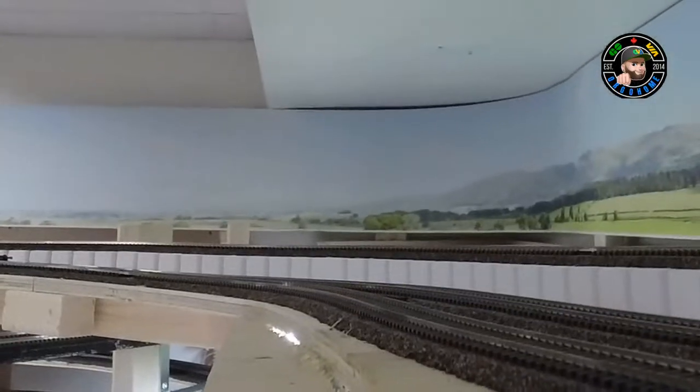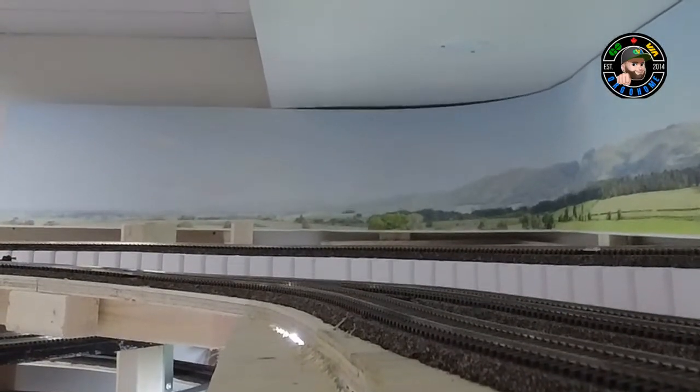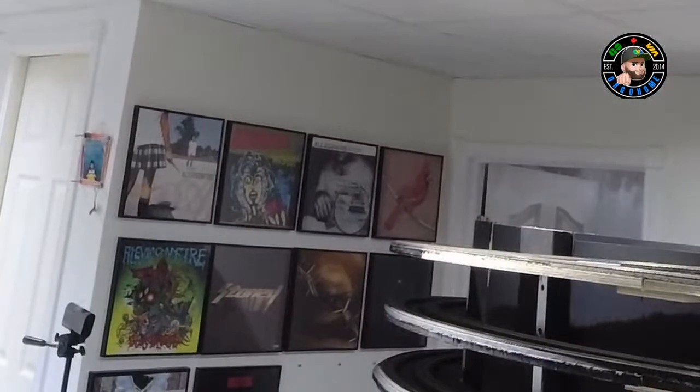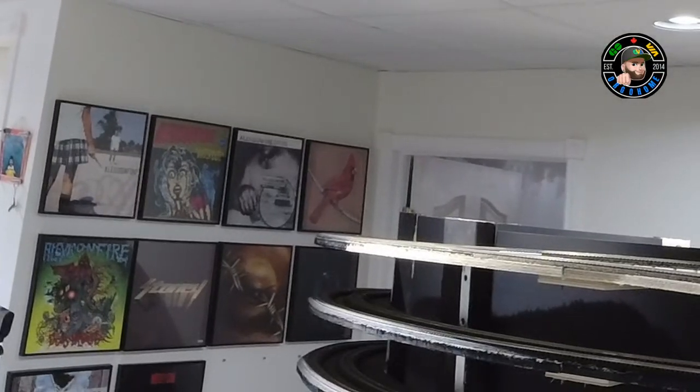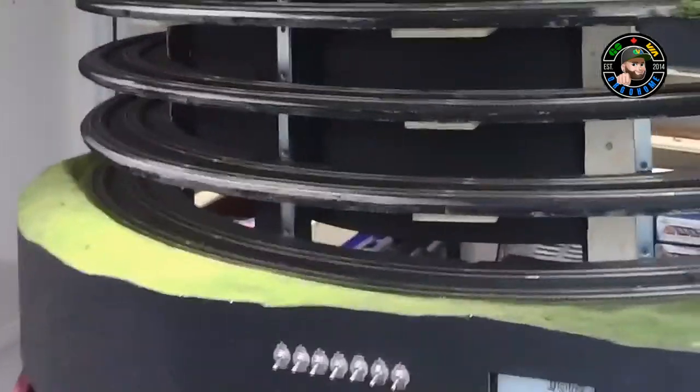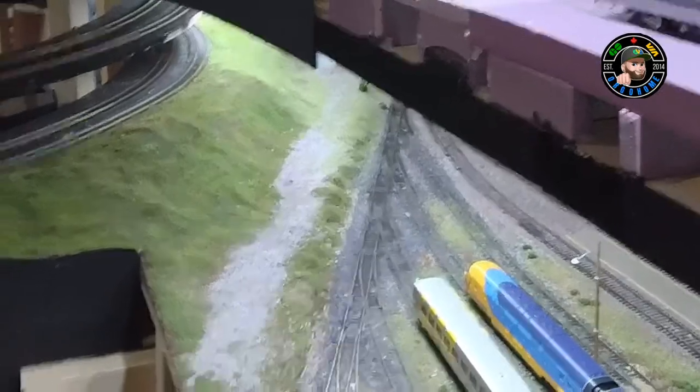That's a corner behind that curved section of layout there. It basically goes over to there, which is about, I don't know. The helix comes out about six feet, and then there's an extra 2 feet under there.